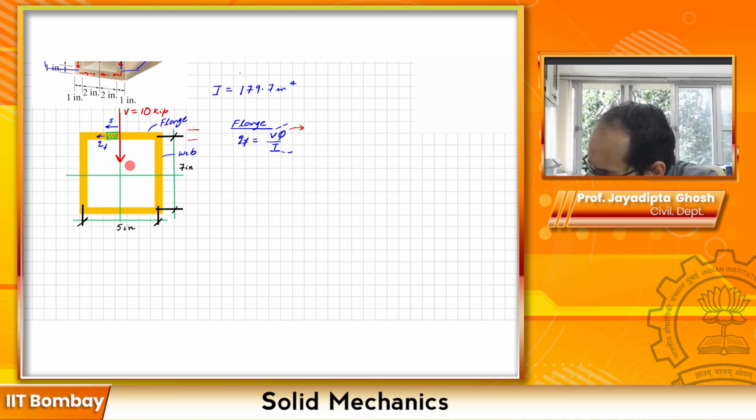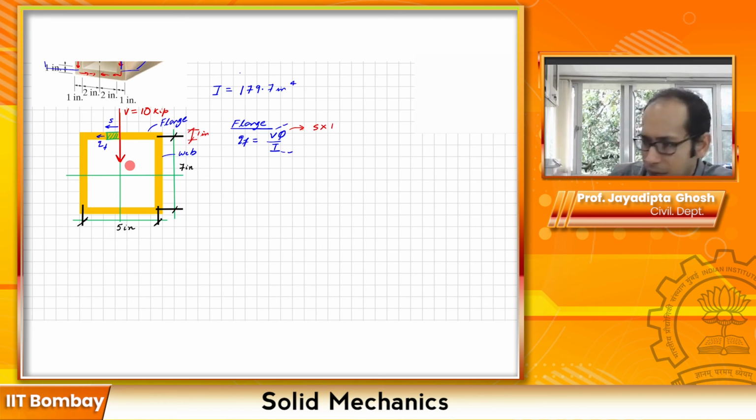So the Q that you get is S times 1, right? That is the A prime, and then you have to multiply with the Y bar prime. The Y bar prime is in center to center, so it is half of the 7. This is the neutral axis, and these are the center line dimensions drawn over here. So your Y bar prime is going to be 7 by 2, so that is 3.5.